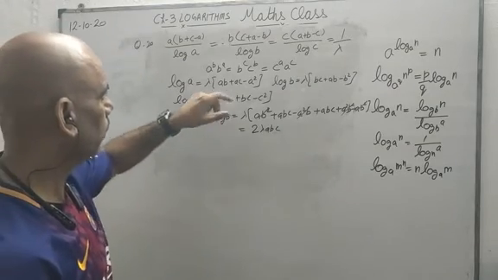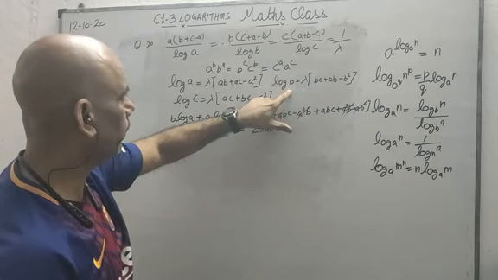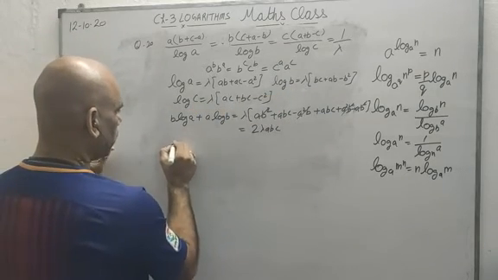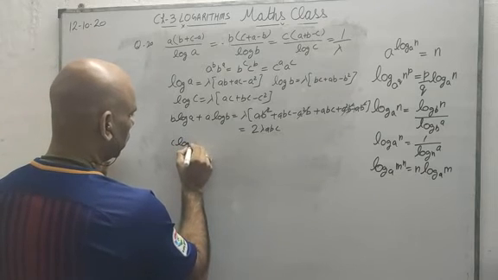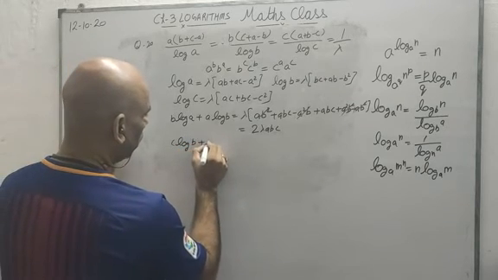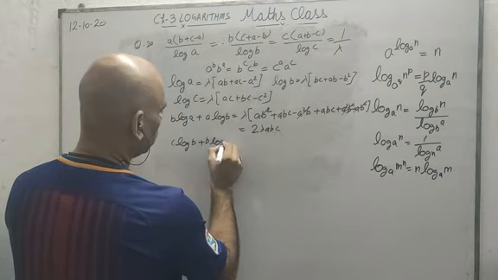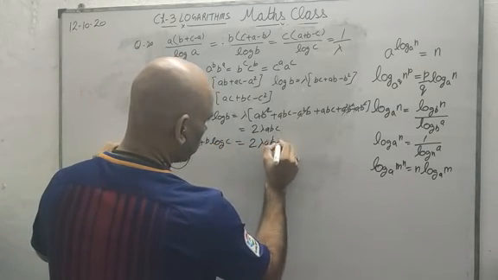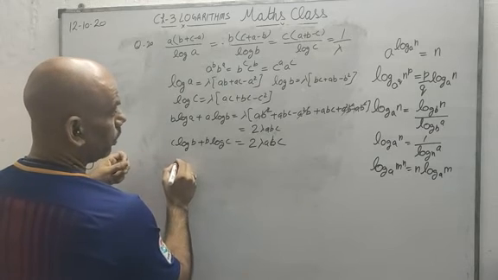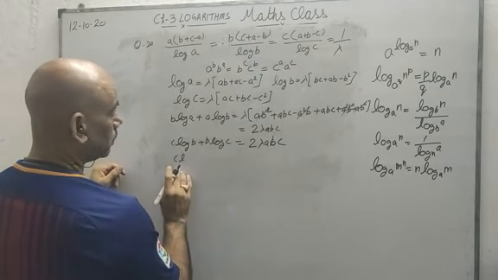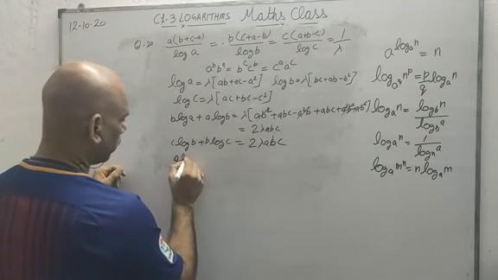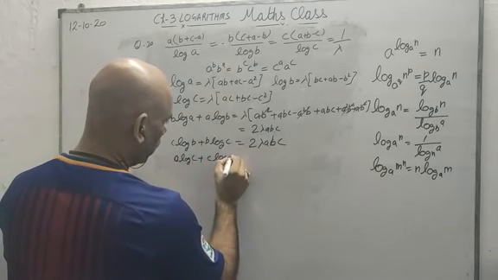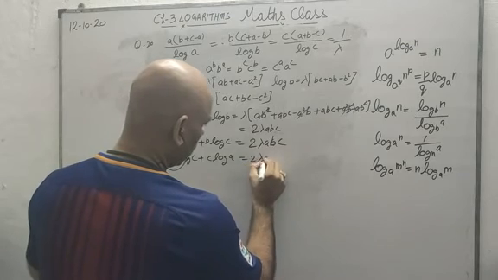Now for the second, this should be multiplied by C and this should be multiplied by B. And you will be surprised to know that when I do it like this, C log B plus B log C will also come to 2 lambda ABC, and similarly the last one, A log C plus C log A, will also come to 2 lambda ABC.